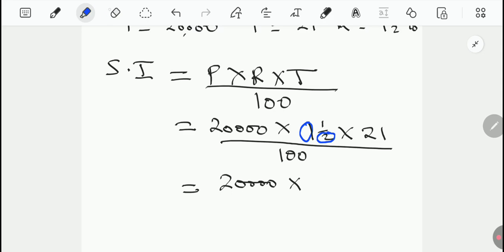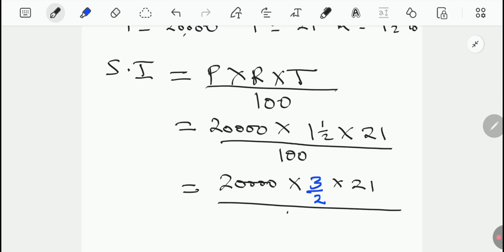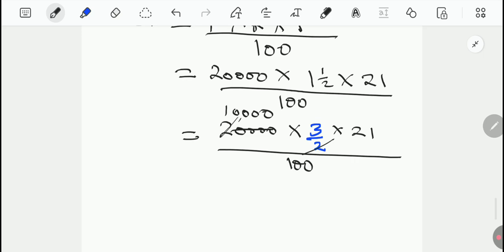So that's the same as writing 3 out of 2, multiplied by 21 out of 100. These 2 can go with this 2, which remain is 1. So this is 10,000. It's no longer now 20.